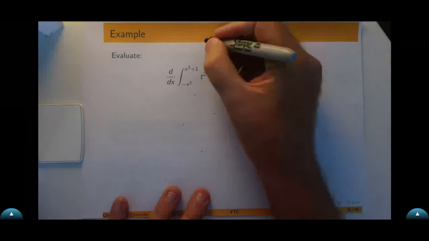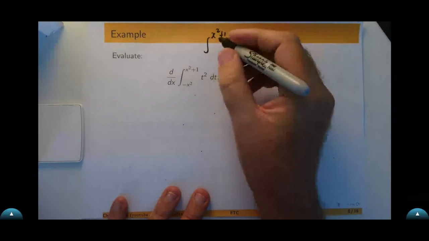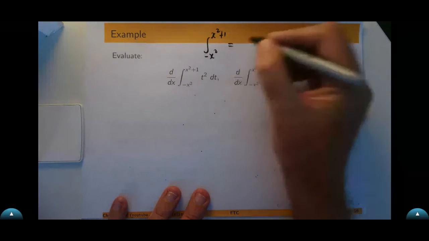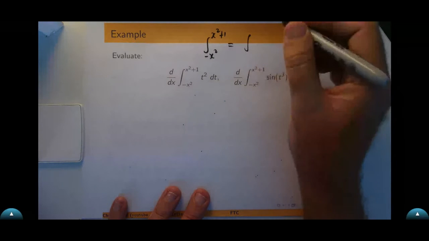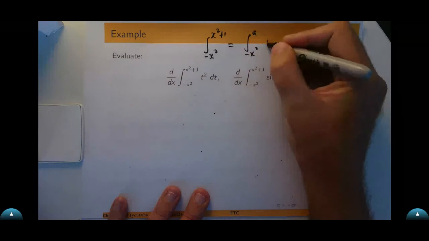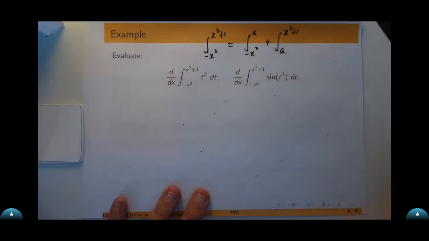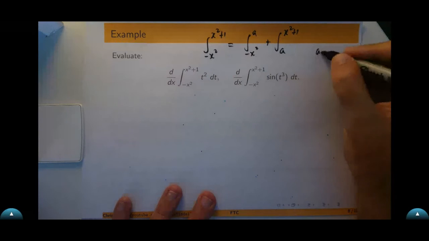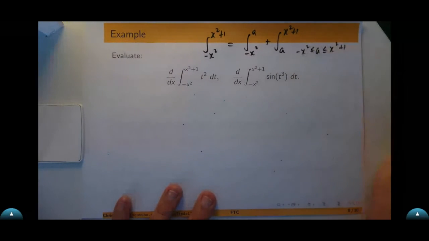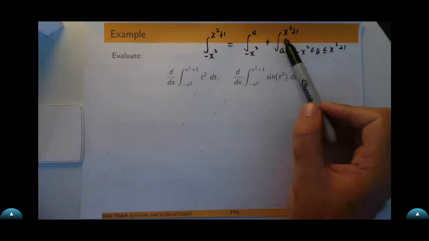I'll give you an idea. What you can do is, oh yeah, that's not a bad idea too, Tom, but it's even simpler than that. What you can do, you can say, right, for any a between x squared plus 1 and negative x squared, I can break this integral into two parts.